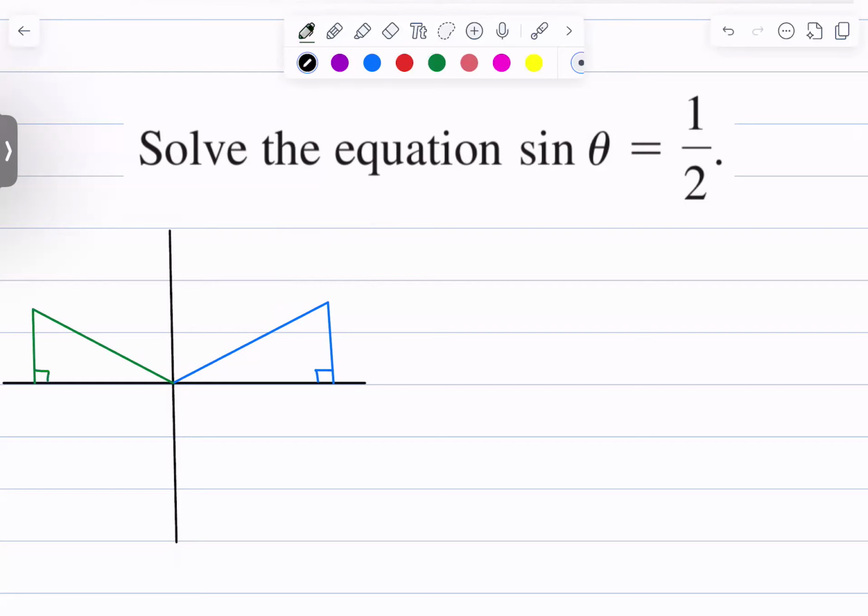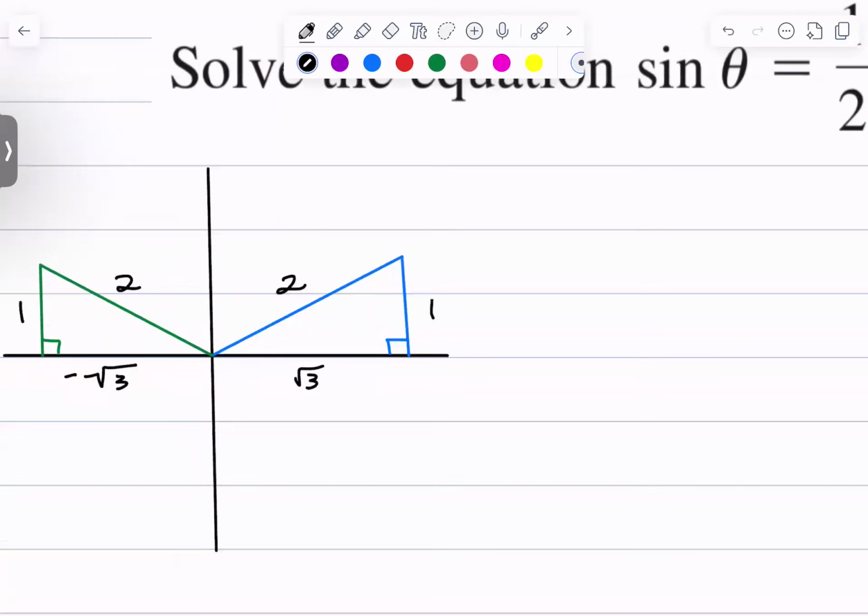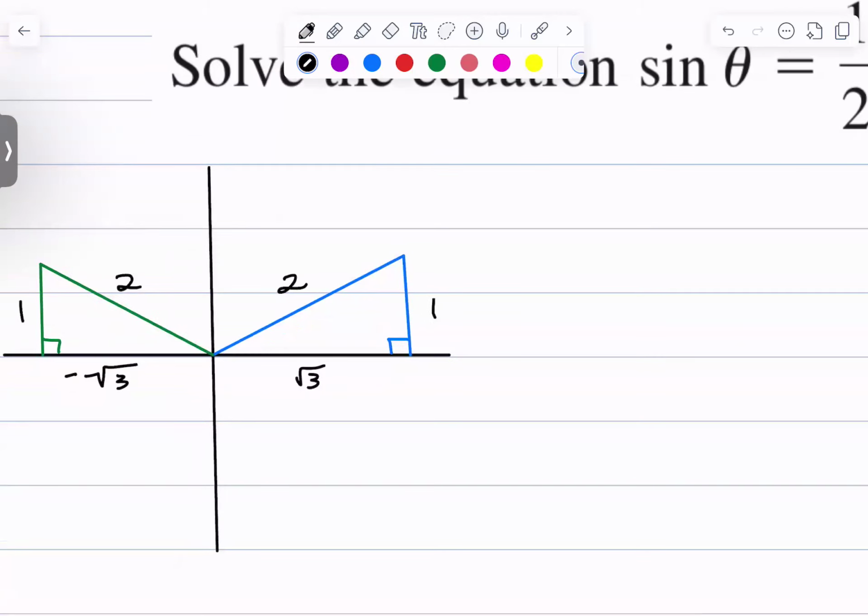Yeah, because sine is y over r. So this side here has to be square root of 3, correct? And look at what I just made. A 1, square root of 3, and 2. That means that this is 30 degrees, and this angle is 30 degrees, correct?